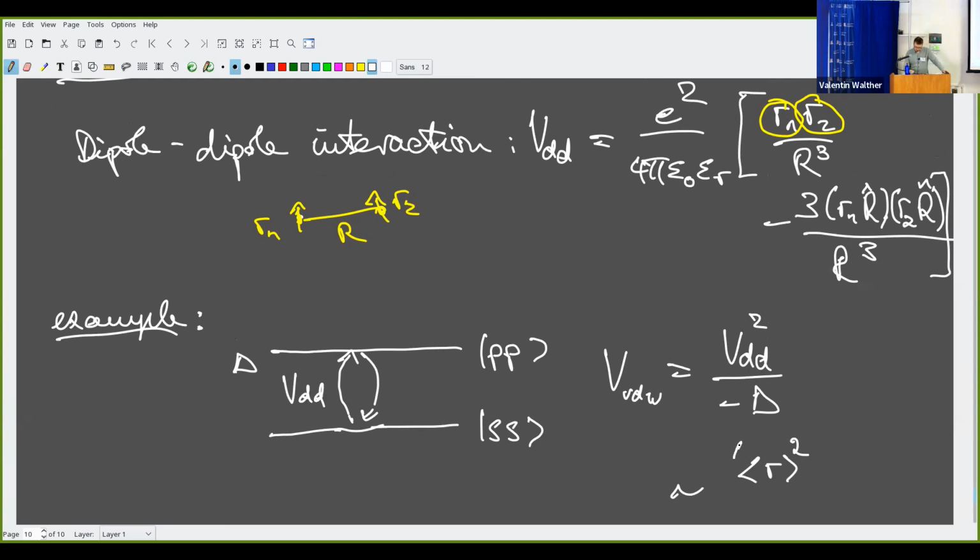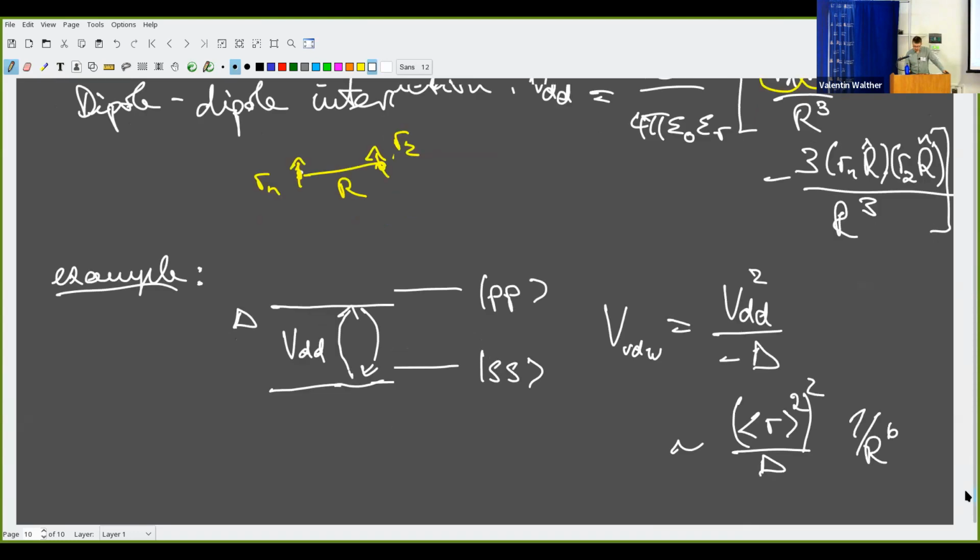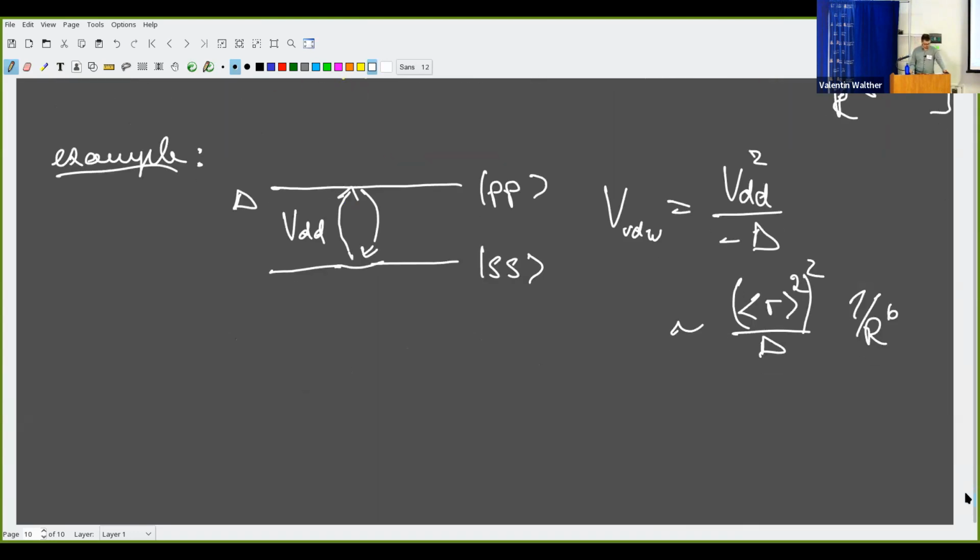And then because we take the square of the interaction, it's that squared divided by delta. And so in total, you find something that has this Rydberg scaling and then falls off as R to the 6. Because that's second order perturbation theory.